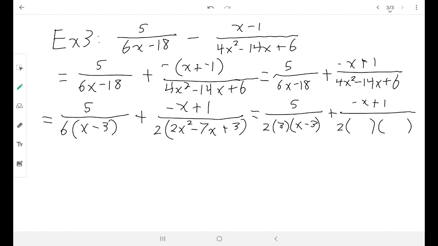So the way I'm going to figure that out is, the only way to multiply and make 2x squared is 2x times x. And if there's a plus here, then they both have that operation, I should say.